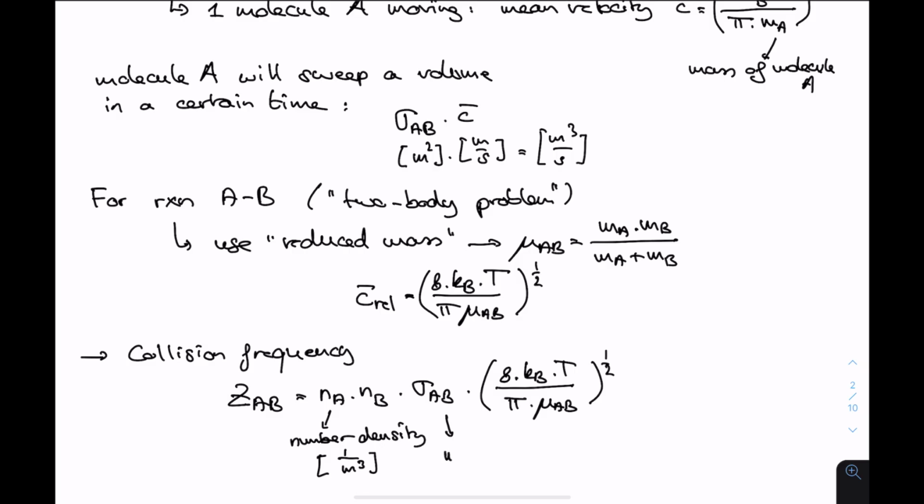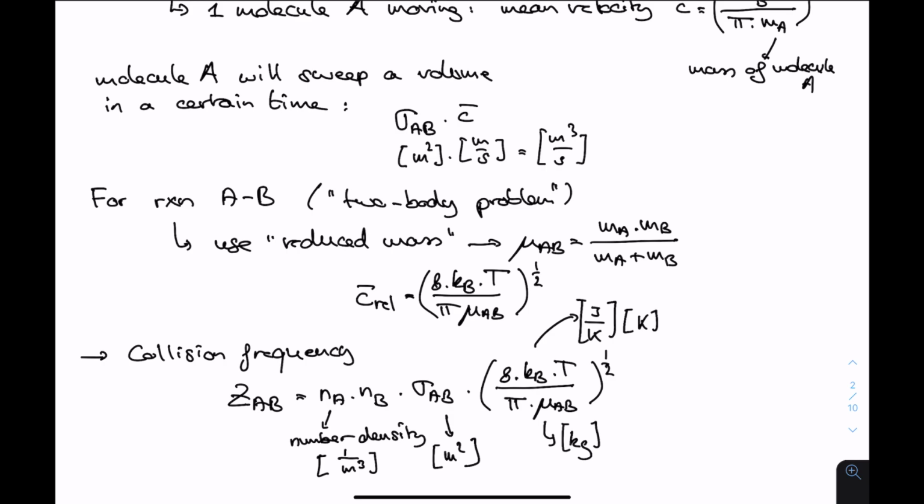Then the other units: Boltzmann is joule per Kelvin, temperature would be in Kelvin, pi is just a number, and reduced mass has units of kilogram.